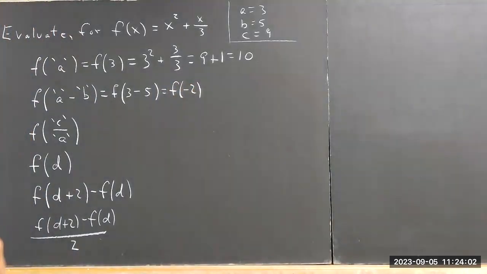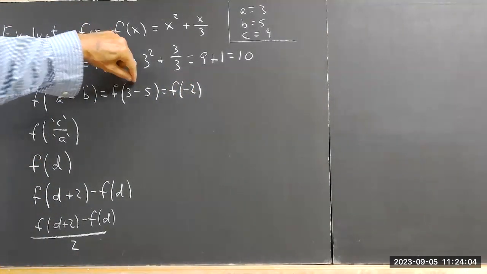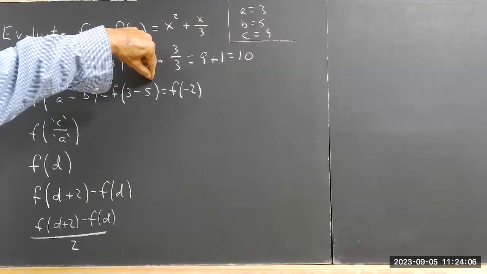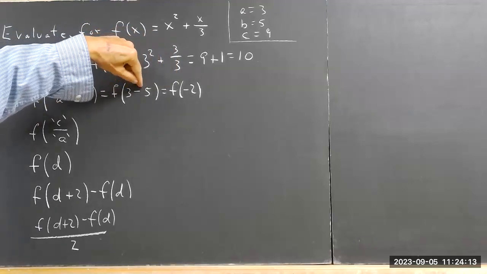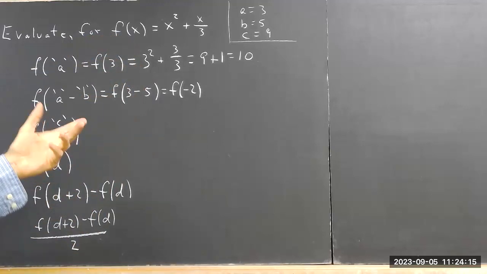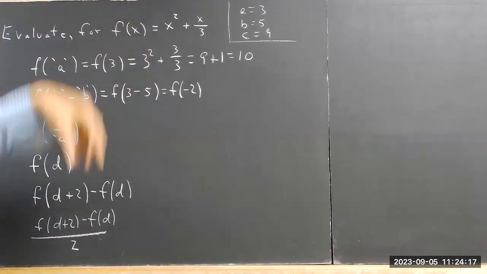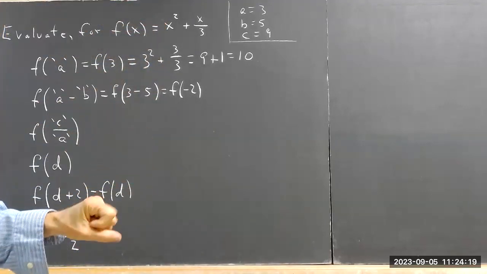Now, there's a tendency for some people to say, well, that'd be f of 3 minus f of 5. That wouldn't work. That would give you something completely different than if you subtract the 5 from the 3. Now, that's because this thing has a nonlinear term, but I don't want to get into what that means.